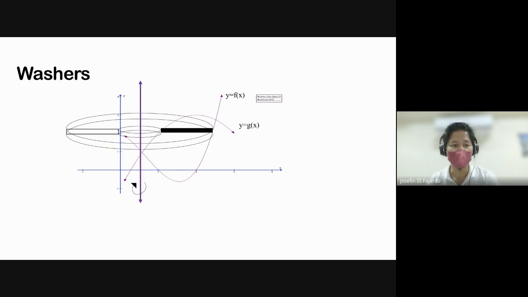So, instead, in this case, halos similar pa rin ang gagawin natin. But notice, itong ating length ng element of area will not be anymore the radius of the circle, di ba? But notice, this one will serve as the difference of the radii. Okay?